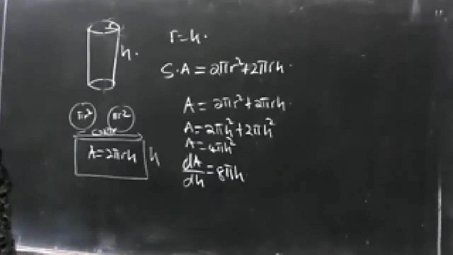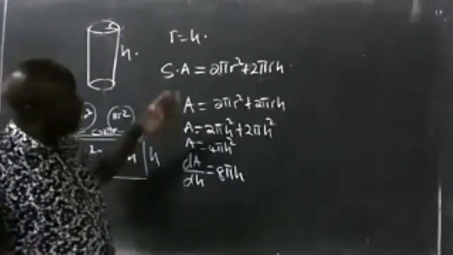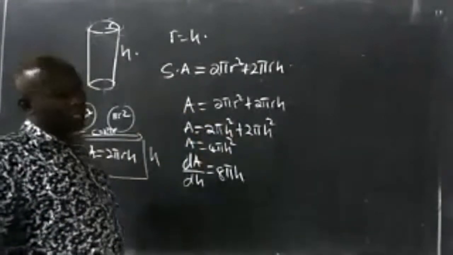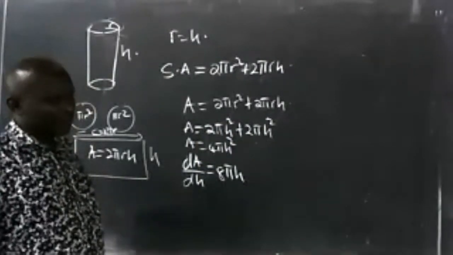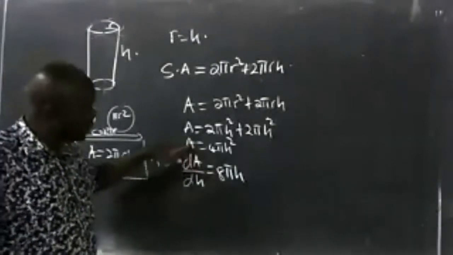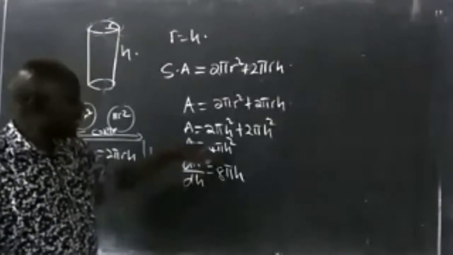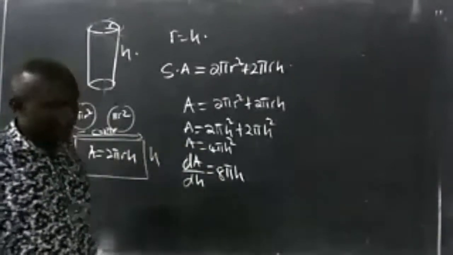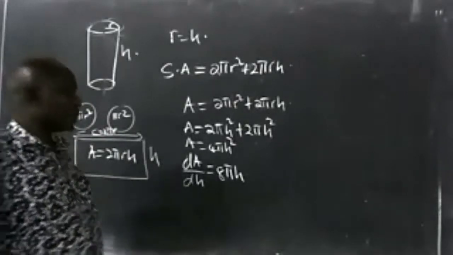Have you now recovered? I don't know how we are getting 4 pi h squared. Have you recovered? Teacher, I can't hear you. Yes, teacher. Now, when you differentiate this with respect to h, you have 8 pi h. Is that okay? Yes, teacher.